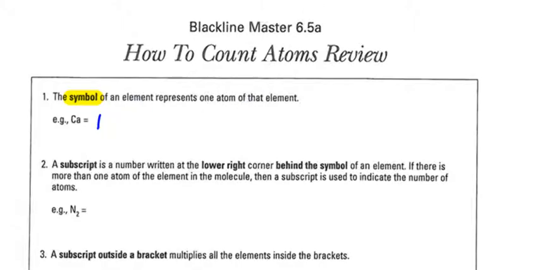A subscript is a number written at the lower right, and with formula writing earlier, we of course saw that that pertains to what's immediately before it. So a subscript is a number written at the lower right corner behind this symbol. The key thing there is behind. If there's more than one atom of that element, then the subscript is used to indicate the number of atoms.